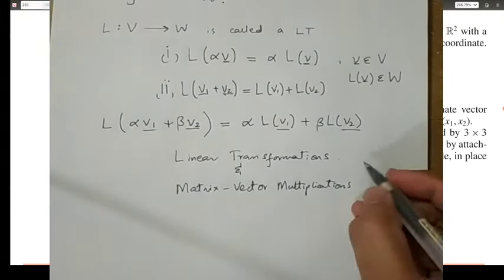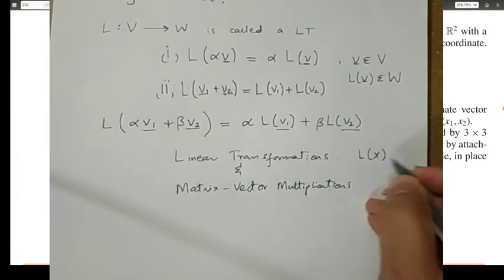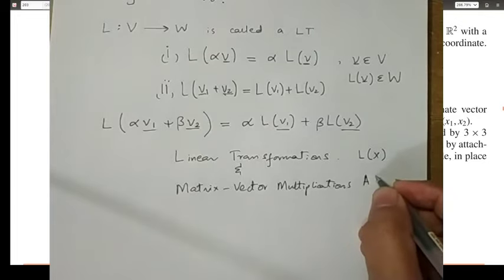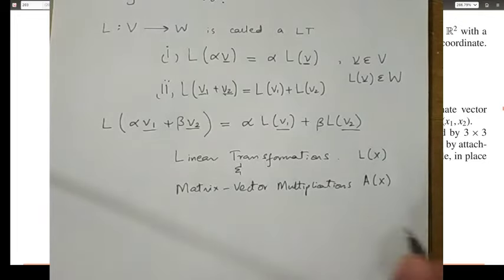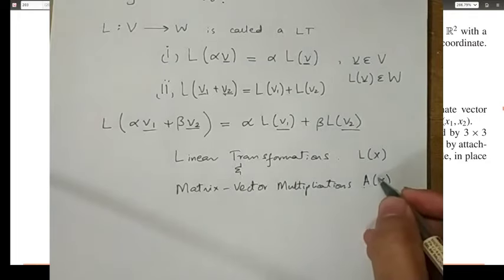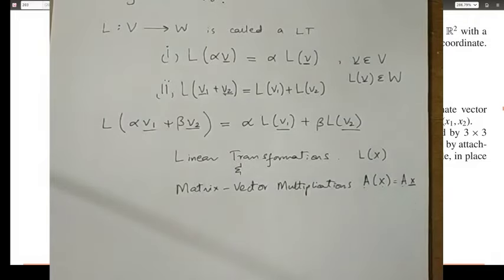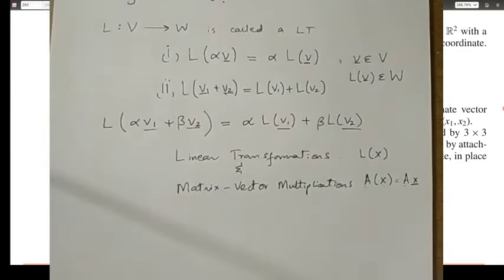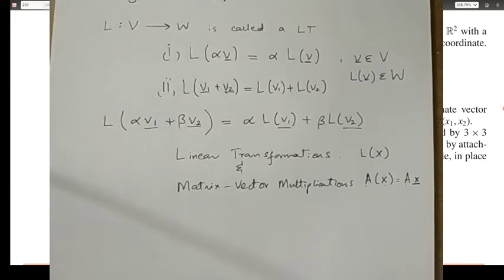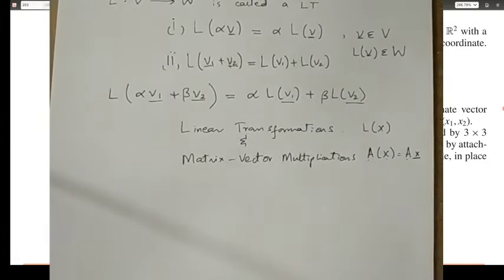So linear transformations L of x are closely related with the matrix vector product A times x, or you can even remove the parentheses, it's just Ax, where A is a matrix and x is a vector, right? And so this is the relationship that we're going to explore in today's video or lecture or whatever you want to call it.